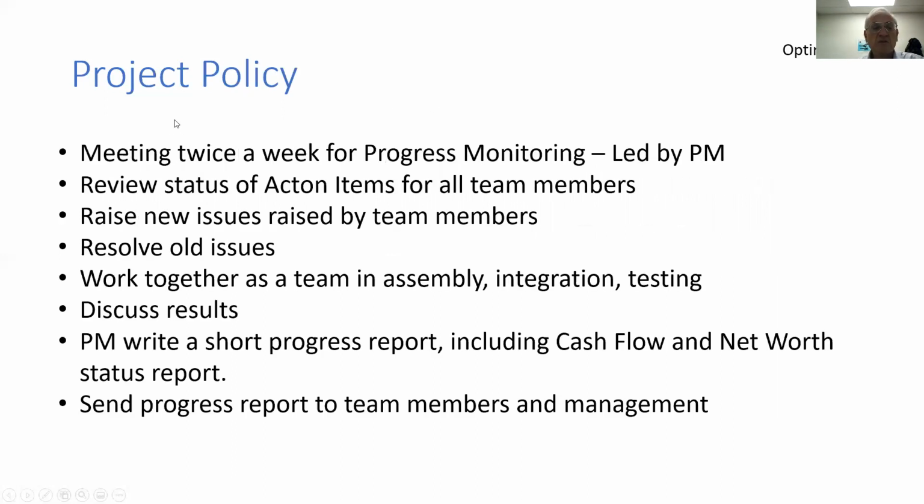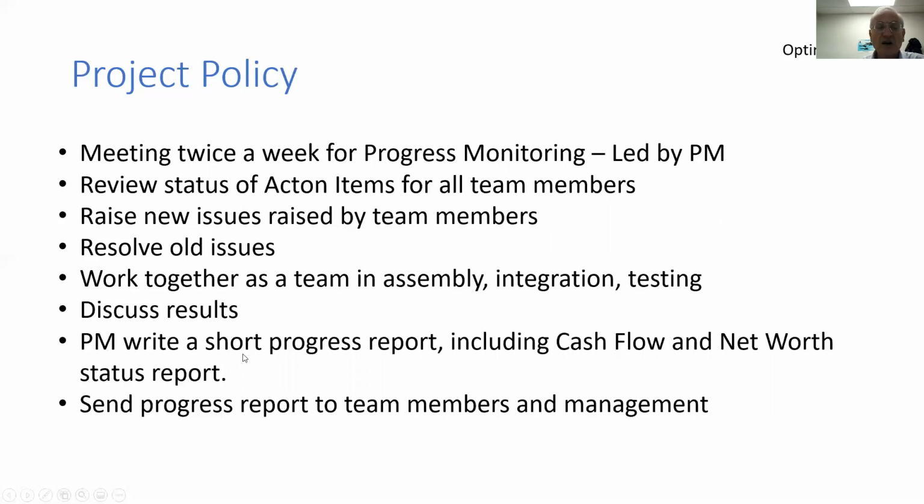The policy for the project is to meet twice a week for progress monitoring, led by the project manager. We review the status of action items for all team members. We discuss new issues raised by the team members. We try to resolve all the issues. We work together as a team in assembly, integration, and testing. We discuss the results.